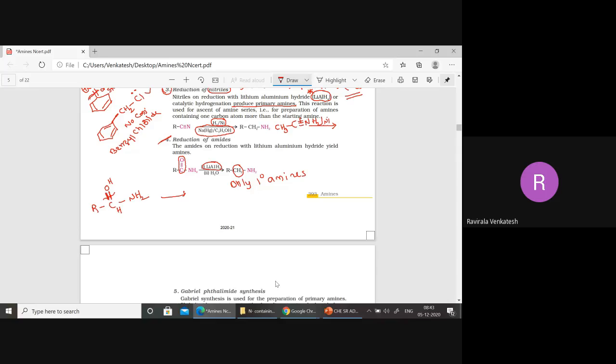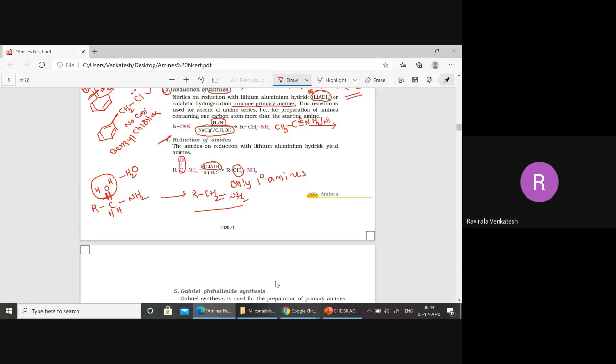So I'm breaking here one hydrogen and putting here one hydrogen. It will convert into water, to undergo dehydration here, it takes the two hydrogens. Now what we are going to get here is CH2NH2 only.